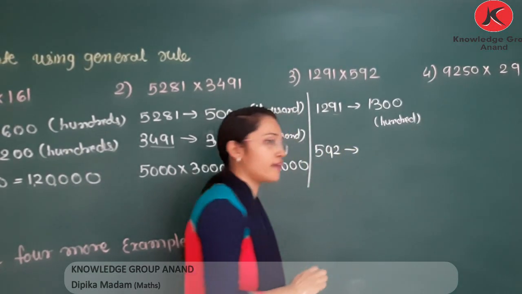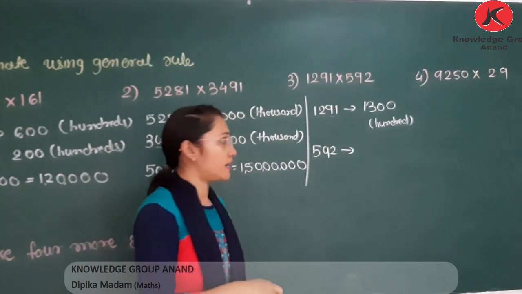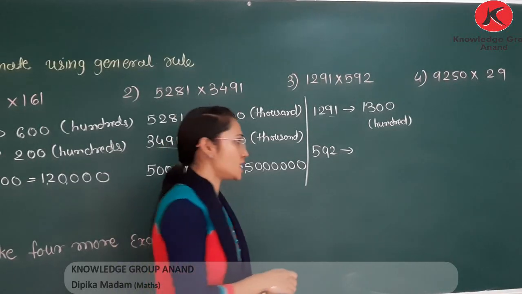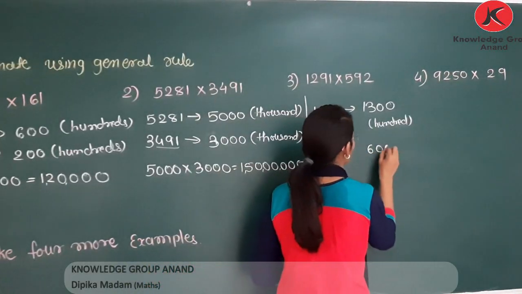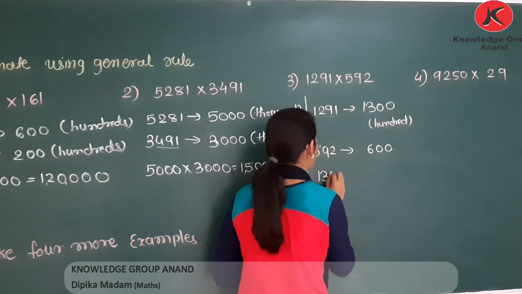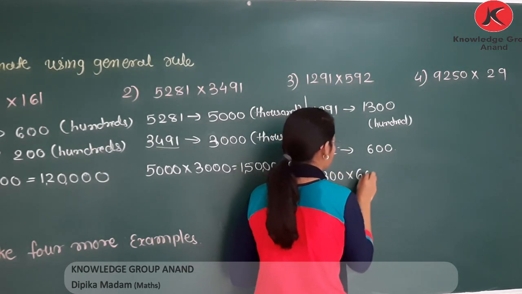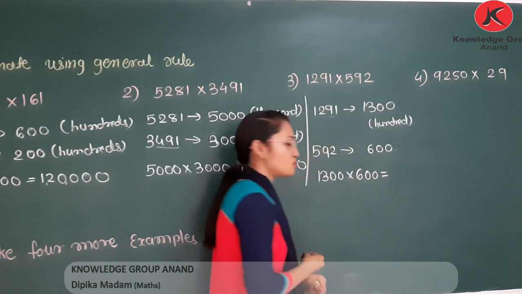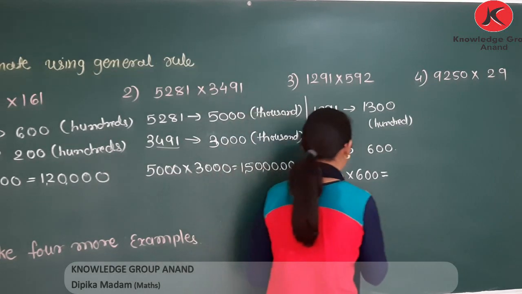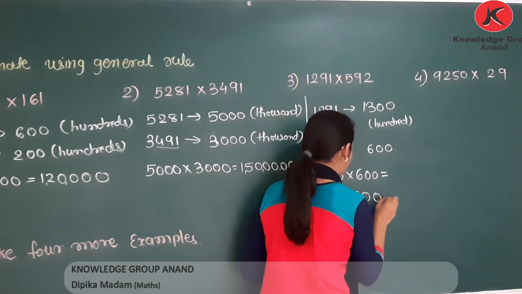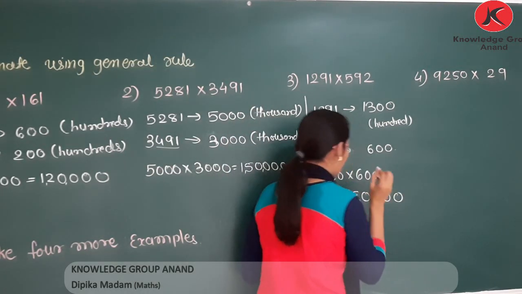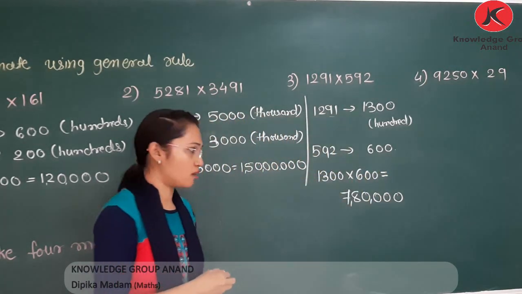Then it is between 500 and 600. What is the nearest value? 600. So multiplication, 7,80,000.